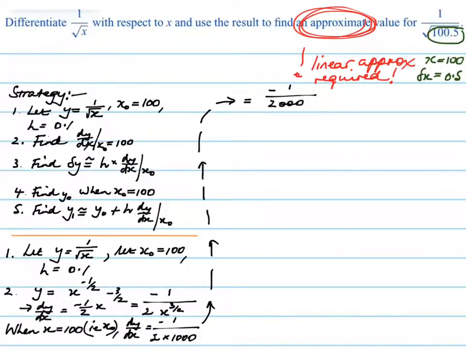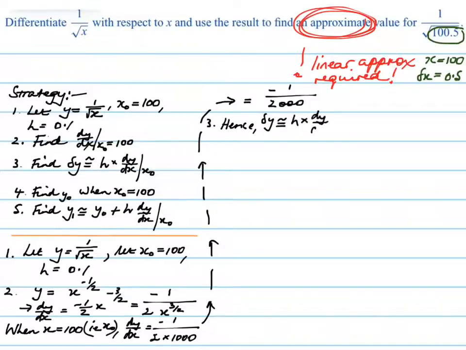Now that's minus 1 over 2,000. So that is the value of the gradient of the function y equals 1 over root x when x is 100. That's part of the term that goes into our formula defined there in step 5 of the strategy. Now, what else have we got to do? We know what h is, don't we?